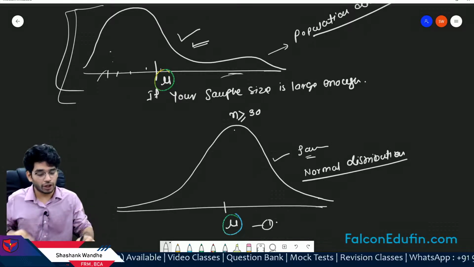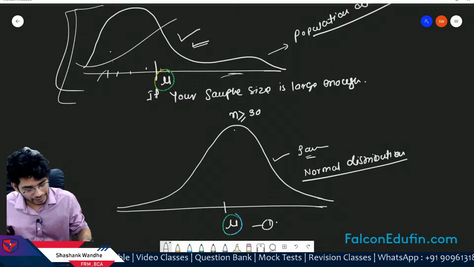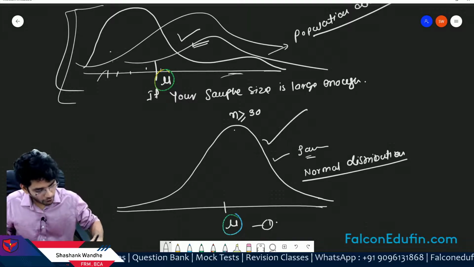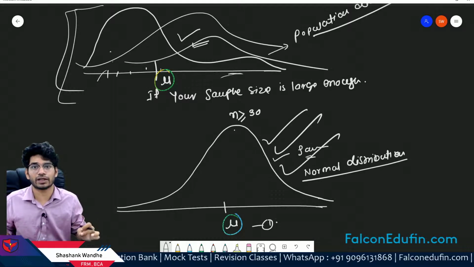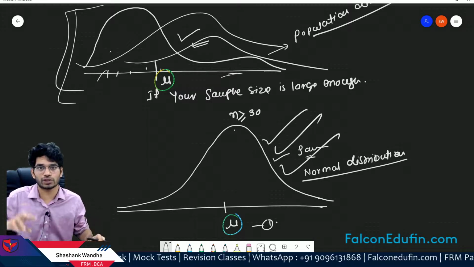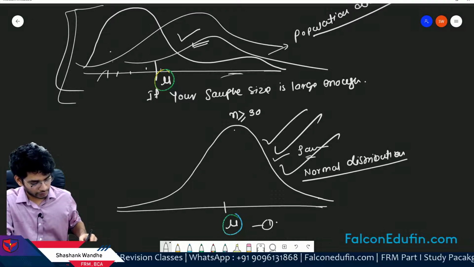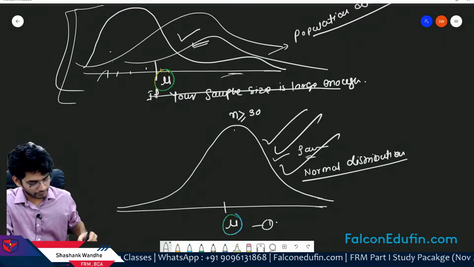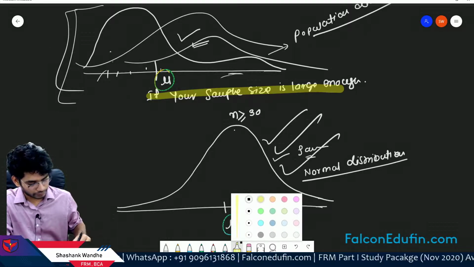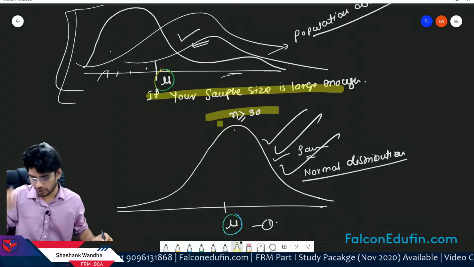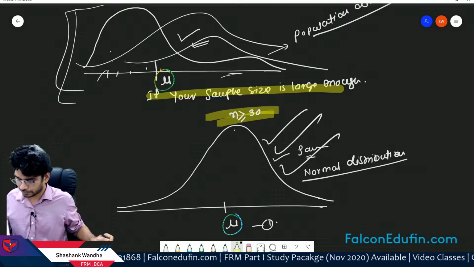So both are different. Whatever the shape of the population distribution, you will always get the same, a normally distributed sampling distribution. But what is the condition? Your sample should be large enough. So this is your CLT, central limit theorem.